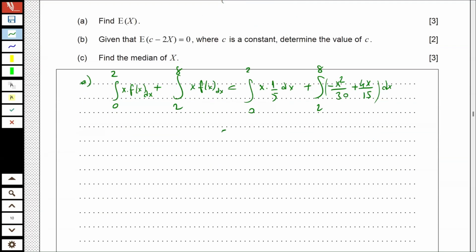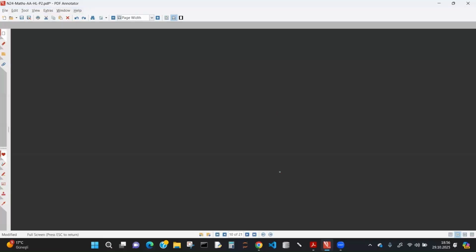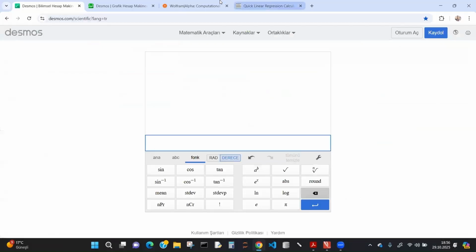The first one is easy. You can find it by yourself. x squared over 10, the integral of this function from 0 to 2. You can find here, it's going to be 2 squared over 10, which is 2 over 5. And the second integral, you can use a calculator.